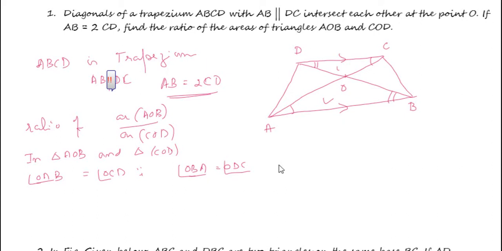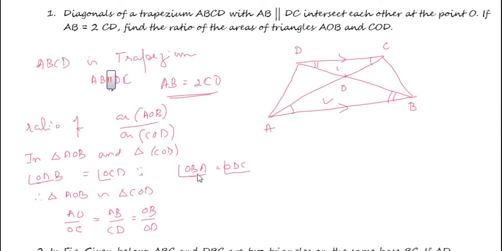Therefore the third set of angles are also equal. Anyhow, these are the vertically opposite angles. Therefore triangle AOB is similar to triangle COD. Therefore the ratio of their corresponding sides are equal. So AO by OC equals AB by CD equals OB by OD.